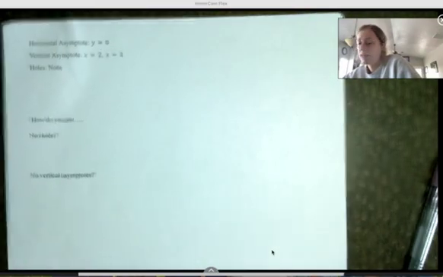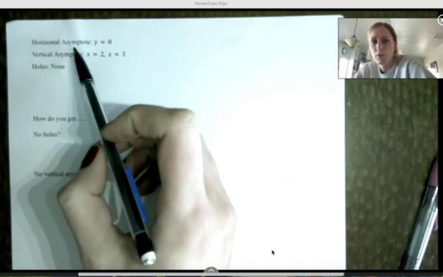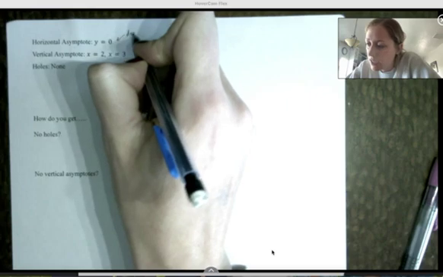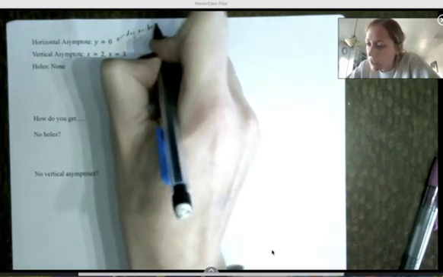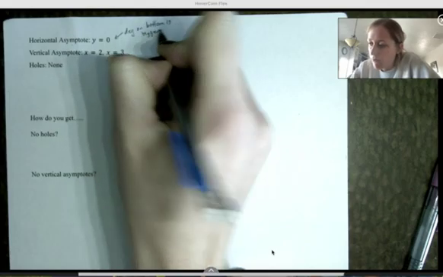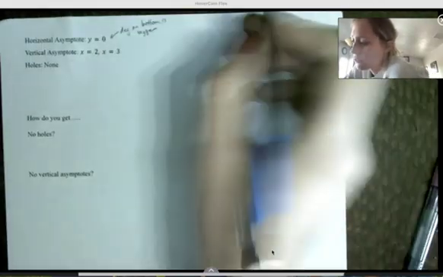All right. Then we have writing a rational function given some information. So this one, they want us to have a horizontal asymptote at 0. So that means degree on bottom is bigger. Vertical asymptotes and no holes. Okay, so we have vertical asymptotes at 2 and 3.